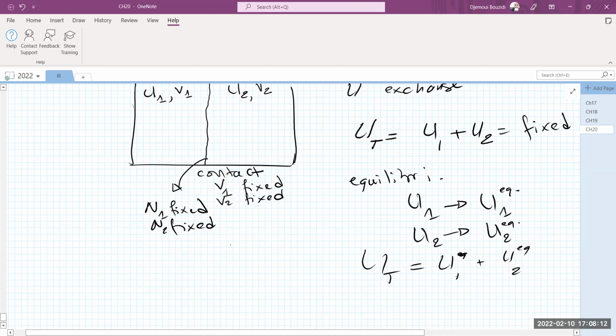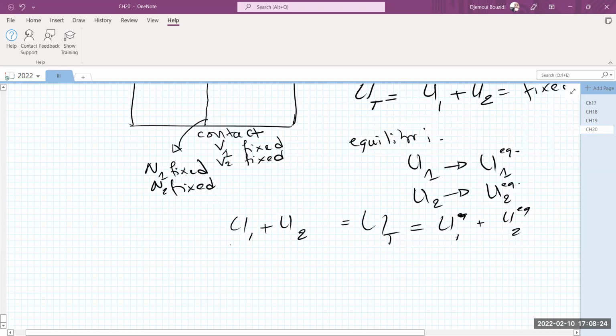The book uses W, so I'm using W, and that's how originally, honestly, it was used by Boltzmann, because W stands for probability. There is a word in German that I don't even know how to say that starts with a W for probability. Okay. So anyway, the W must be maximum, meaning the probability of the entire system must be maximum.